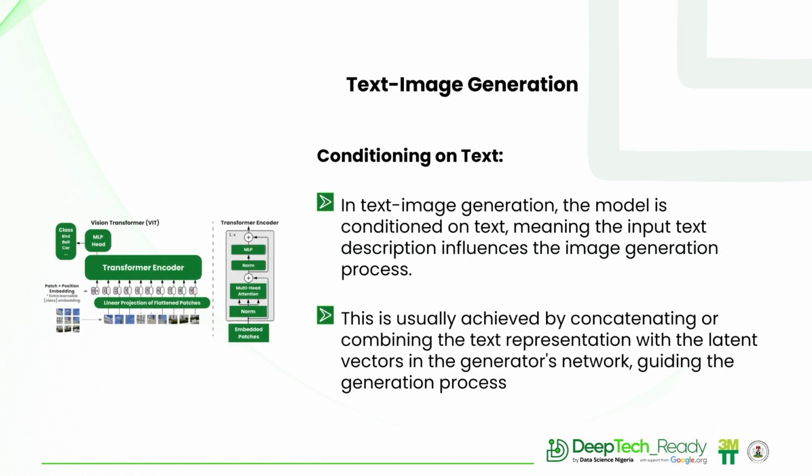Number four is the conditioning on the text. In text-to-image generation, the model is conditioned on text, meaning the input text description influences the image generation process. This is usually achieved by concatenating or combining the text representation with the latent vector of the generator's network, thereby guiding the generation process.